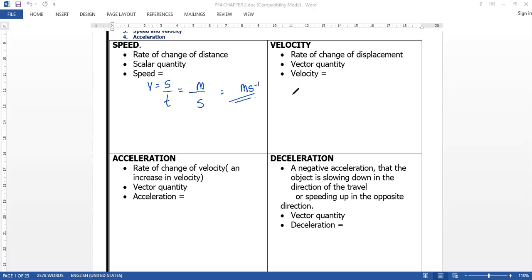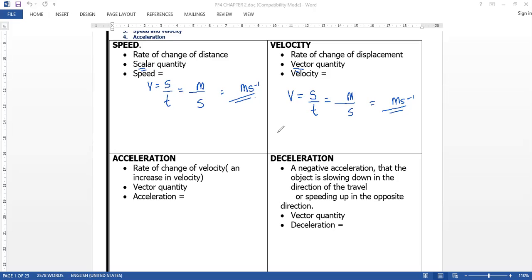Velocity is the rate of change of displacement. So velocity is displacement per time. So the unit is still meter per second. The difference, velocity is a vector quantity, speed is a scalar quantity. So velocity can have positive and negative values, sorry, not units.